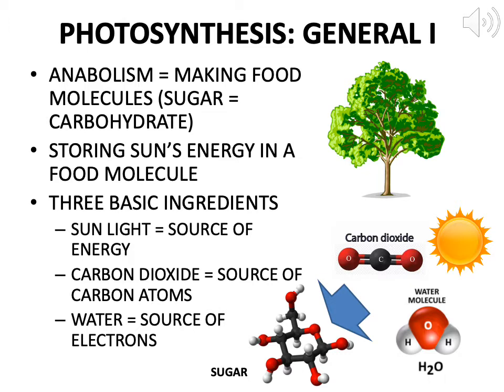Carbon dioxide is a ready form of carbon available as a gas in our air. And then finally, water, which is our source of electrons. In order to hold and keep that energy in the structure of a food molecule, we need to energize those electrons. Electrons are absolutely critical for holding the energy in that food molecule. So sunlight, source of energy; carbon dioxide, source of carbon; and water, source of electrons.